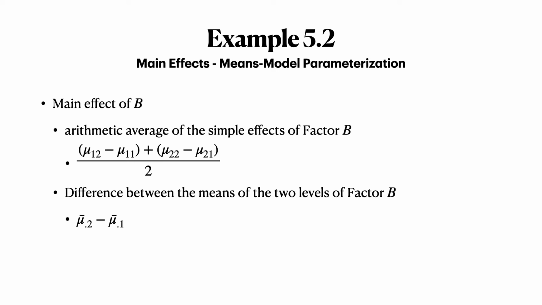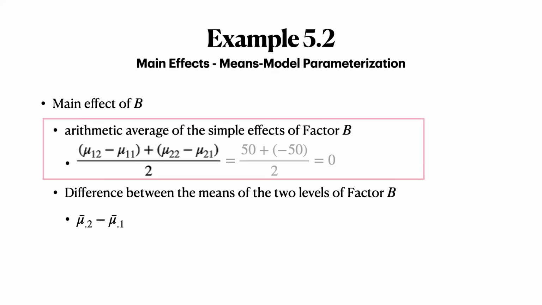All right, next, let's calculate the main effect of B first as the arithmetic average of the simple effects of factor B. So the simple effects of factor B are mu12 minus mu11 and mu22 minus mu21. Mu12 minus mu11 is the simple effect of factor B at the first level of factor A. Mu22 minus mu21 is the simple effect of factor B at the second level of factor A. Those two simple effects were calculated previously and found to be 50 and negative 50.